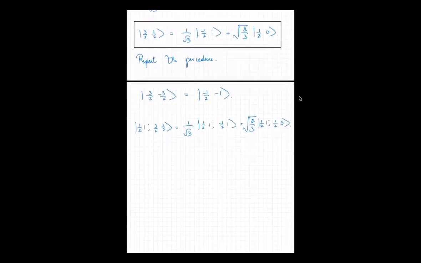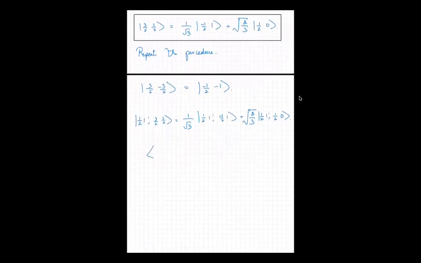Which means the Clebsch-Gordan coefficient, for example, 1 half 1, 3 half, 1 half, 1 half 1, minus 1 half 1: if you take the inner product of these two guys, if you take this equation, you get this to be 1 over root 3. Similarly, 1 half 1, 3 half, 1 half, and 1 half 1, 1 0 turns out to be square root of 2 thirds, and so on and so forth.